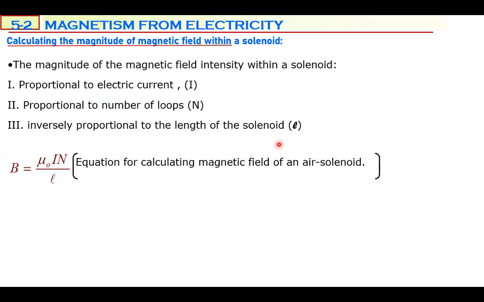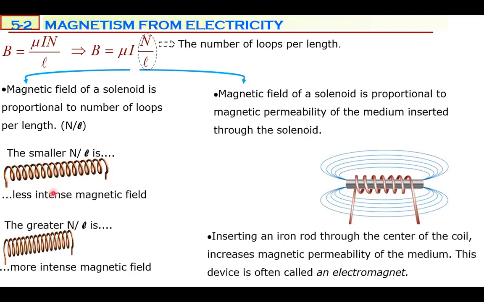If you make a solenoid longer, the magnetic field intensity decreases. This is the equation for the magnetic field intensity inside a solenoid. But sometimes we can rewrite this equation in the form B = mu times I times N over L.